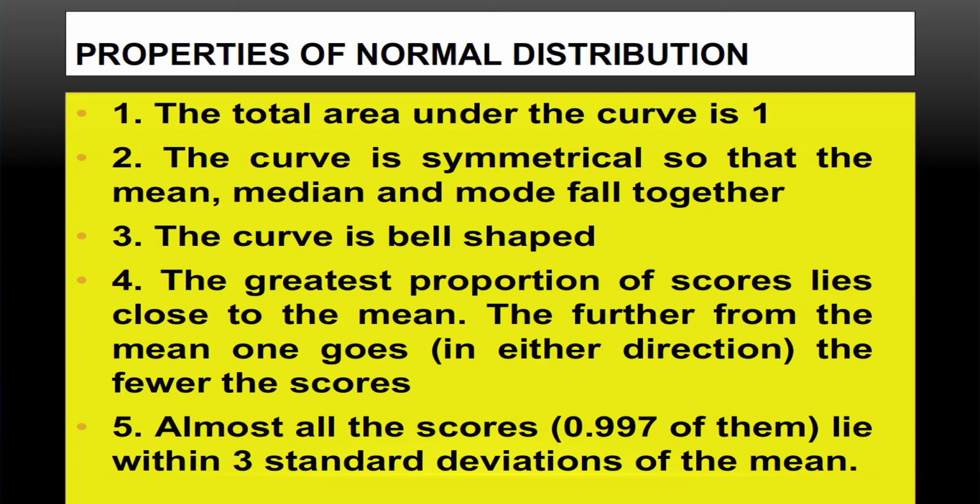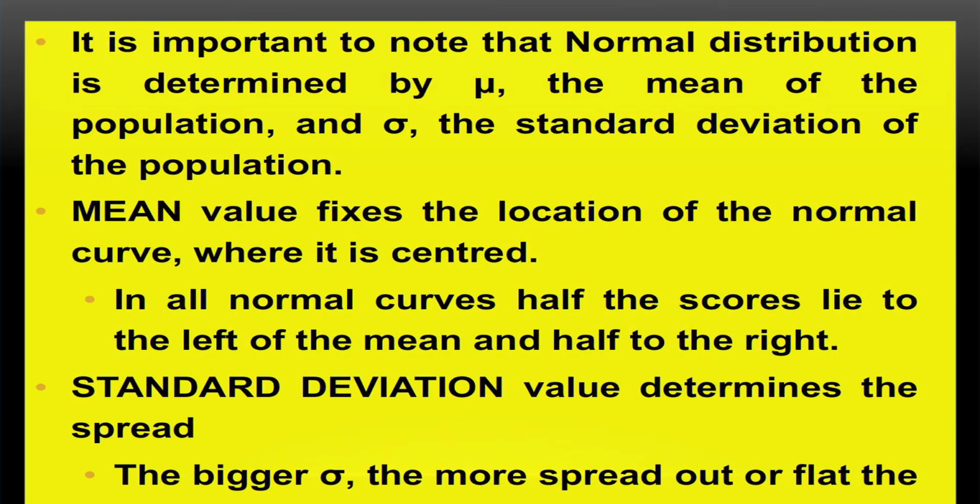5, almost all the frequencies, that is 0.997 of them, lie within 3 standard deviations of the mean. It is important to note the normal distribution is determined by mu, the mean of the population, and sigma, the standard deviation of the population.